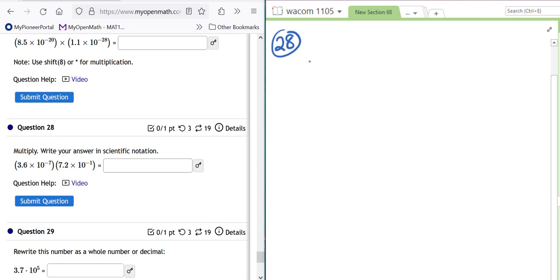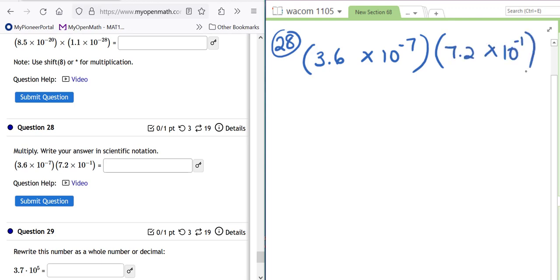So these are two numbers that are in scientific notation. And so you're going to do this arithmetic. You're going to multiply two numbers that are in scientific notation. And you use scientific notation.